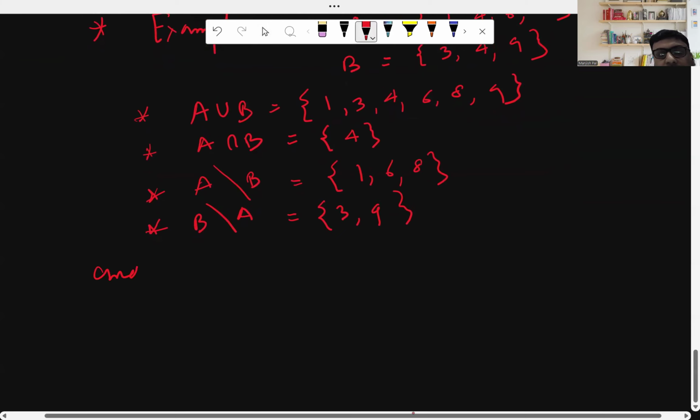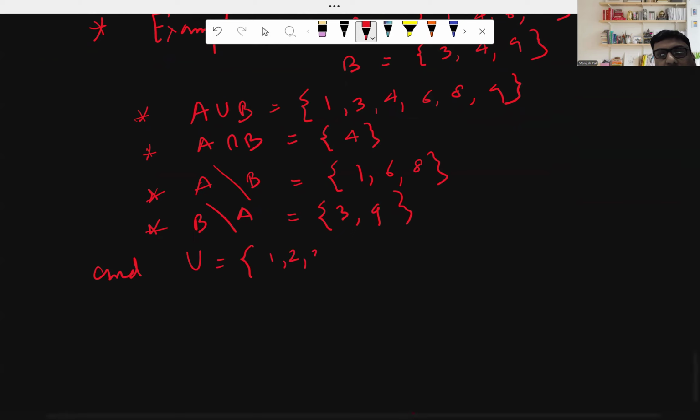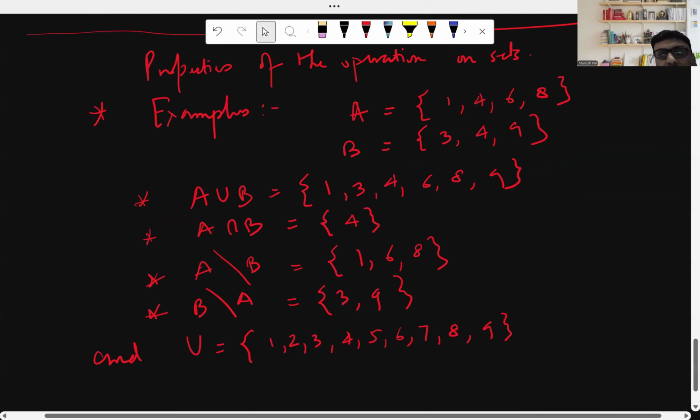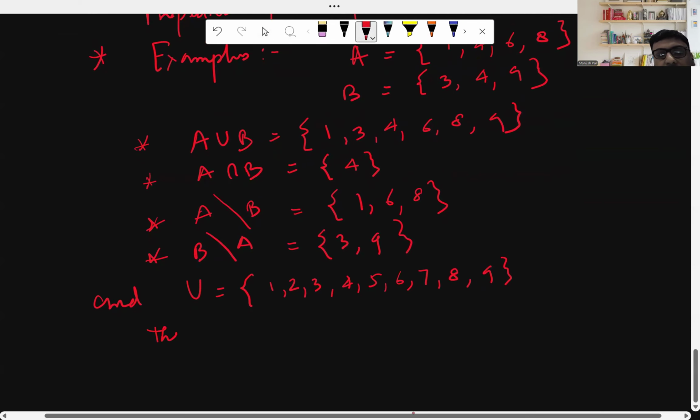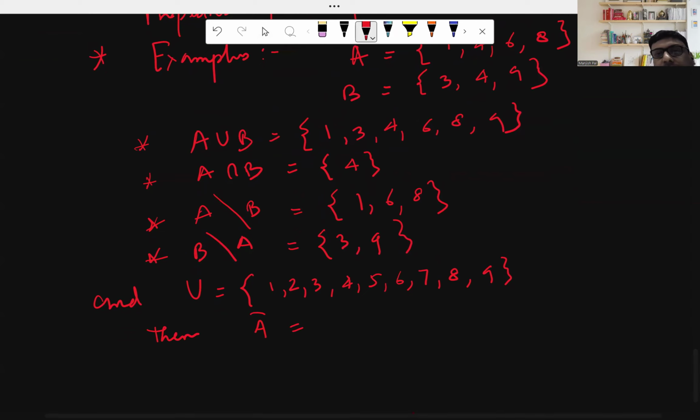and if we take U to be a universal set, then A complement is, B complement is.